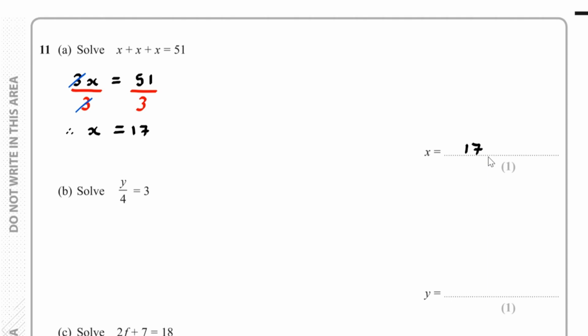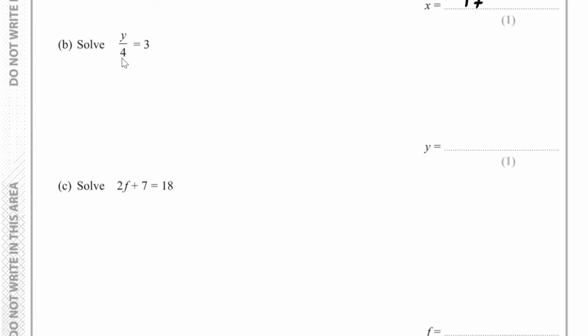X is 17. For part B, we have y over 4 equals 3. Well, if I multiply both sides by 4, then we will end up with y equals 3 times 4, which is 12.